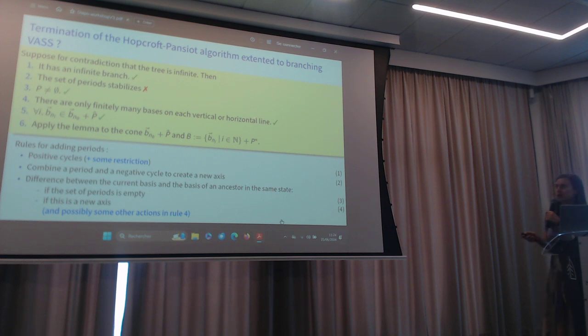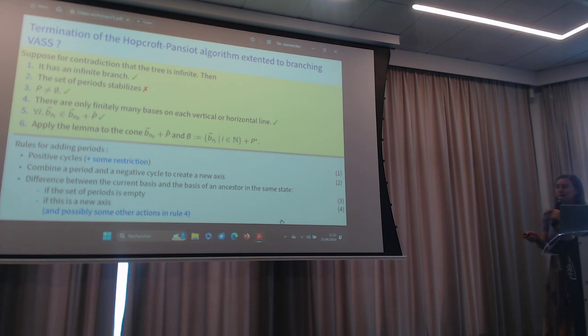The problem in our situation is that this point 4 can be proved, but only once you have already proved point 2. You cannot prove this directly. The problem is that when the set of periods is not constant, you could have infinitely many nodes that have exactly the same basis, and so the counters could remain small because you go infinitely often on the same basis.